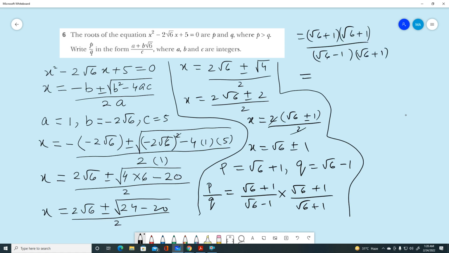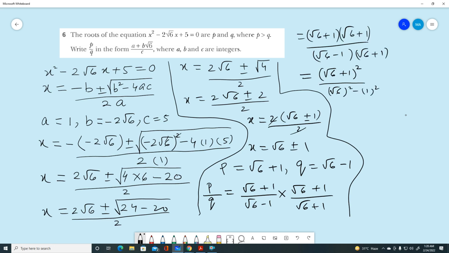In the numerator, root 6 plus 1 times root 6 plus 1 can be written as, if the bases are same, then powers will be added, root 6 plus 1 whole square, upon root 6 minus 1, root 6 plus 1. I am applying a square minus b square.